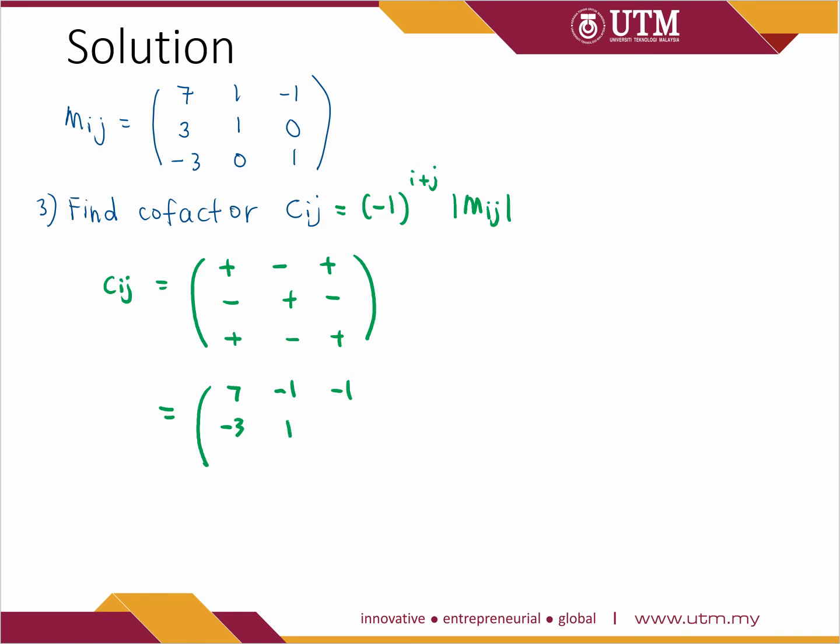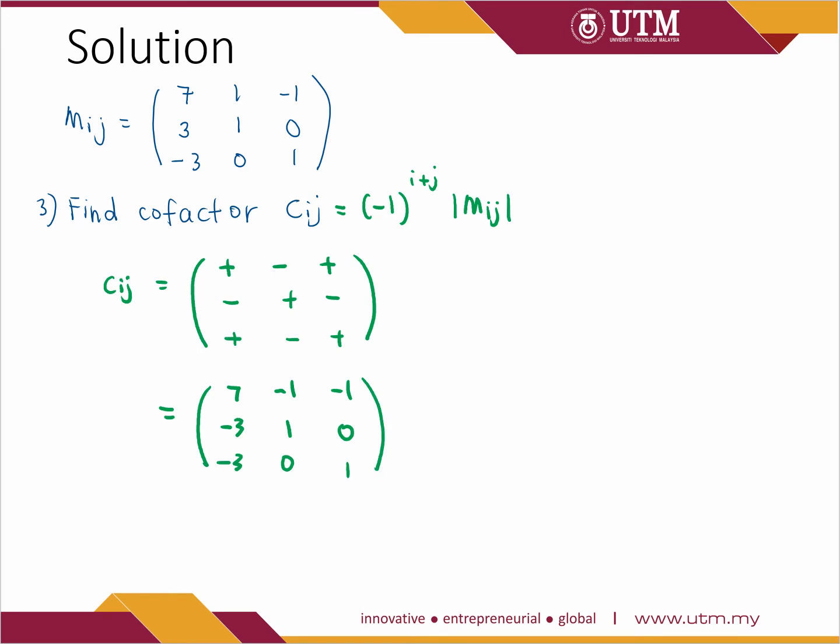And then for the second row, third column, this will remain as 0. And then for the third row, first column, this should be +1 times -3. And then the third row, second column will be 0. And the last one will be 1.